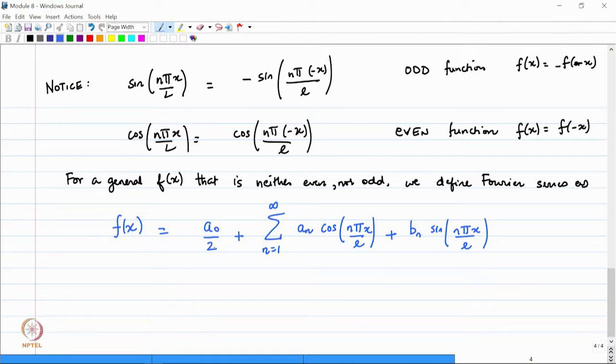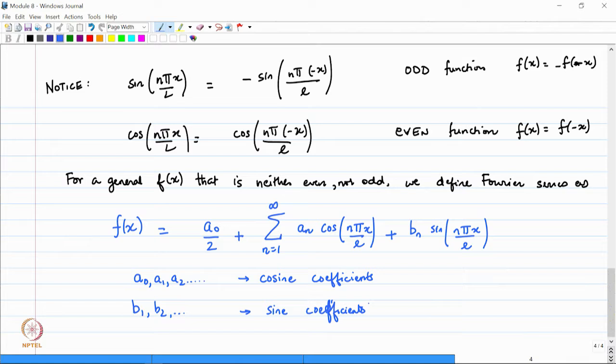Now a 0, a 1, a 2, all the way to infinity, are called the cosine coefficients. These are scalars. And b 1, b 2 up to infinity are called the sine coefficients. Notice that there is nothing called b 0, because if n equal to 0, there is no sine term.